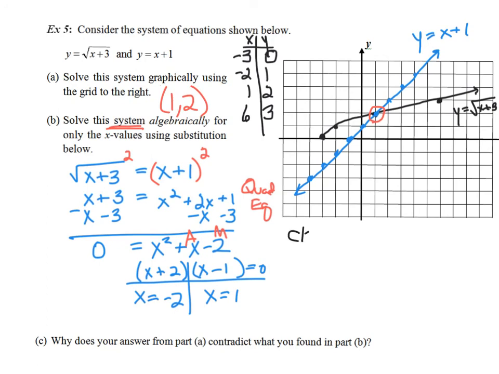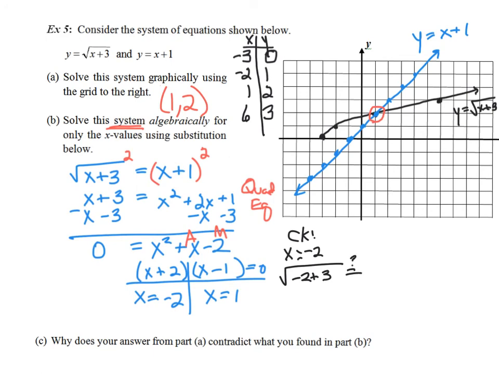So for my checks, I'm going to go back to the original. Let's start with x equals negative 2. I'm substituting negative 2 into x in this equation right here. So I'm going to say the square root of negative 2 plus 3.